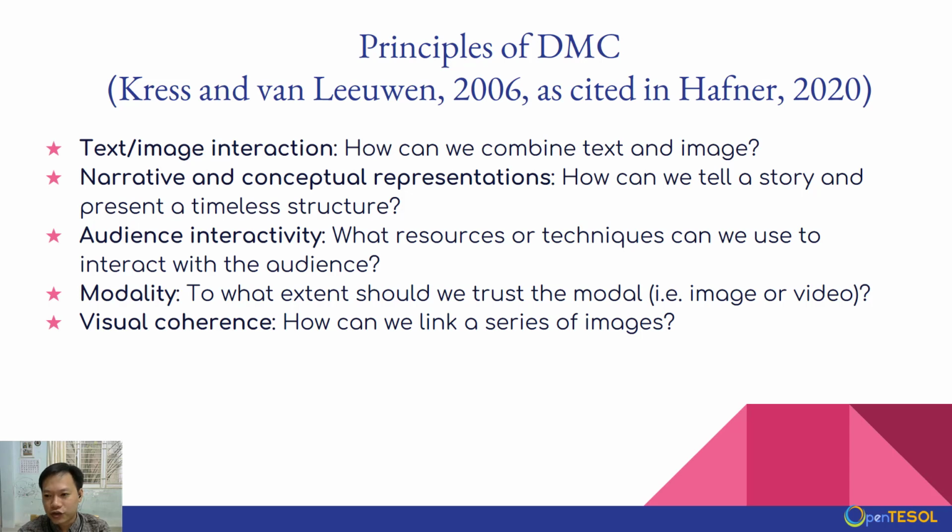But to what extent should it be truthful? To what extent should they stop and not go beyond the limit of over editing? And finally, visual coherence. Again, this is linked to the narrative structure, and how can we link a series of images so that we can have a coherent structure and a logical structure of the story or of the product.